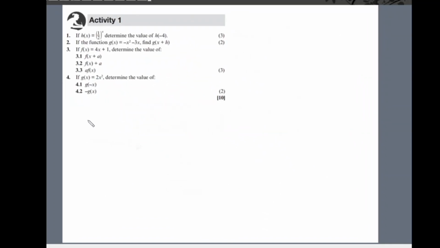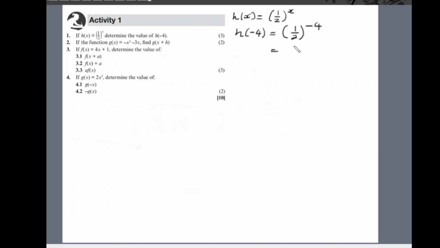So here in question 1 they say if h at x is equal to 1 over 2 to the power x, determine the value of h at minus 4, right? So if h at x is equal to 1 over 2 to the power x, then h at minus 4 will be 1 over 2, and where we see x we put minus 4, right?